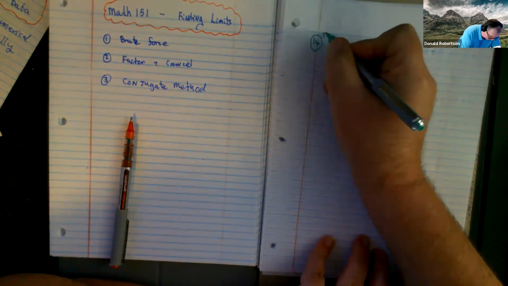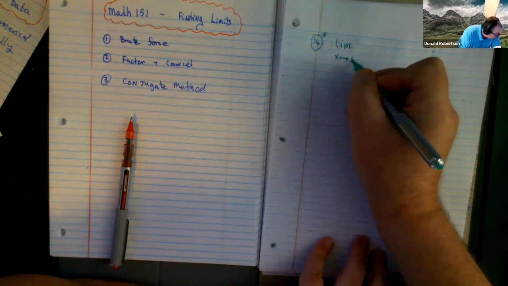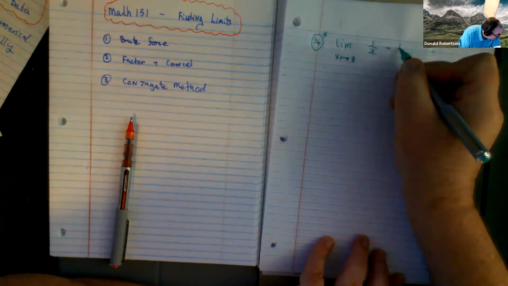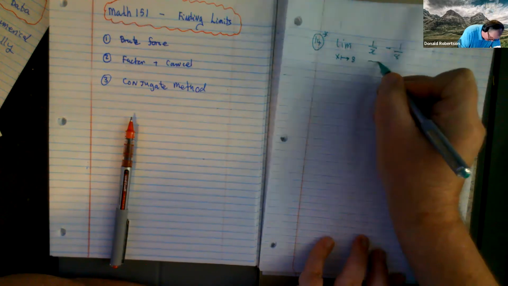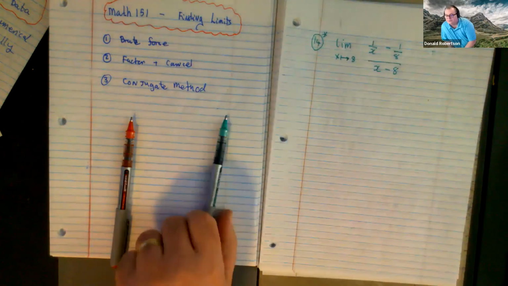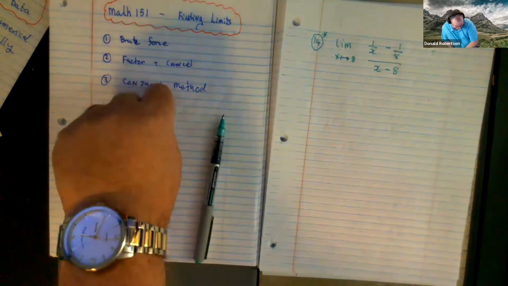This one is like question 14. So it's going to be the limit as x tends to 8 of 1 over x minus 1 over 8, all over x take away 8. Now, right now, it isn't any of these three.